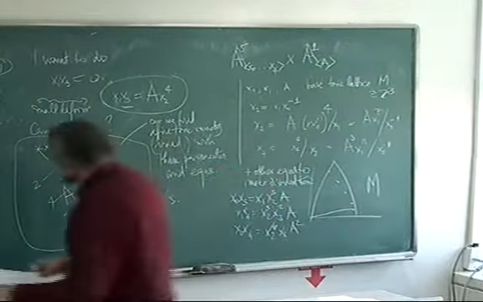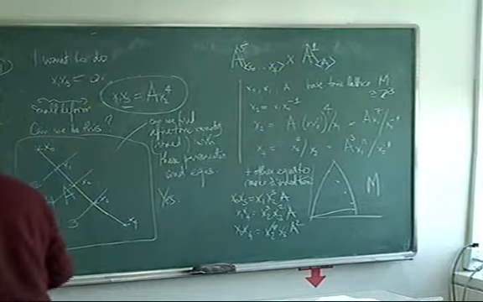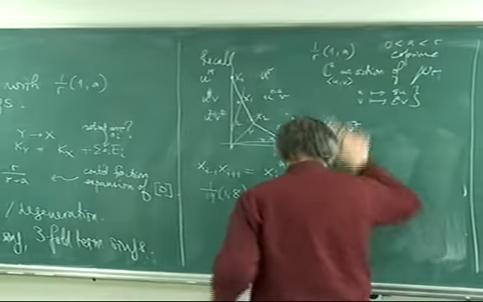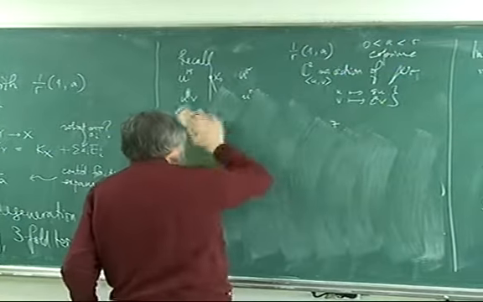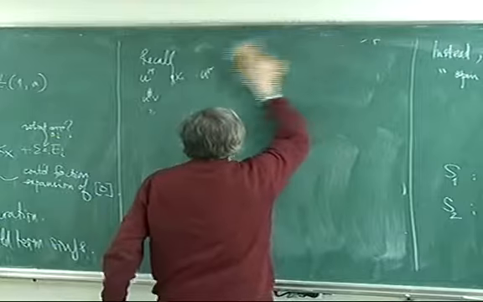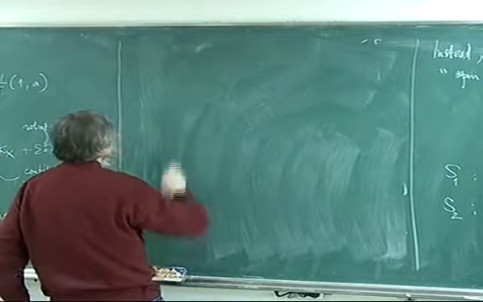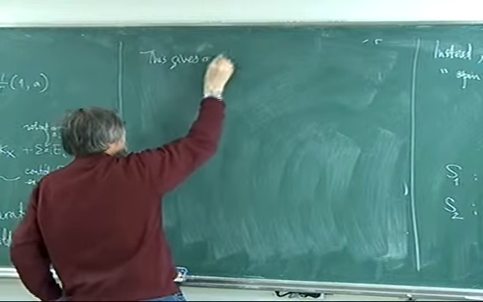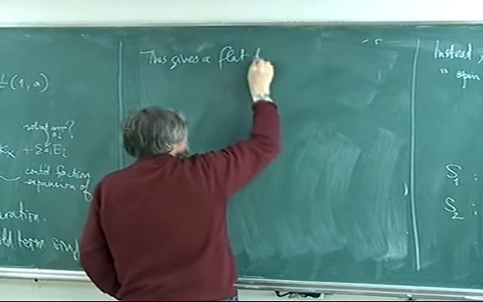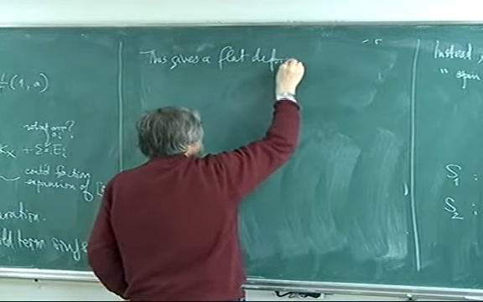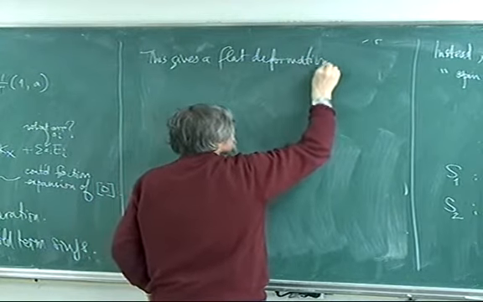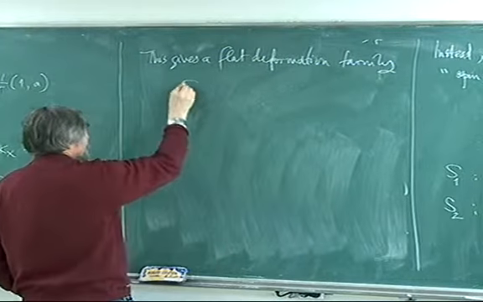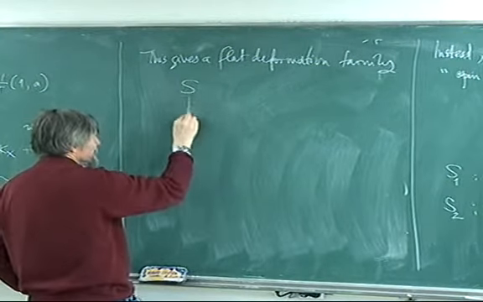Yes? So the upshot of this is, now that I have this, this gives a flat deformation family. So I've got sort of S, maybe curly S, over A1.